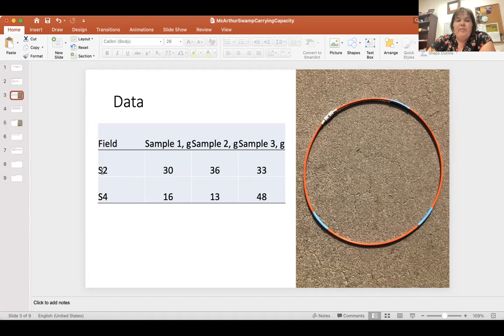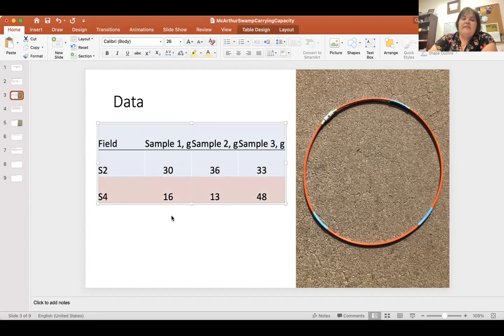So in the S2 pasture, her data points weighed in at 30 grams, 36 grams, and 33 grams respectively. All right. And then she did the same thing in S4. And so there she actually ended up with results of 16 grams, 13 grams, and 48 grams.